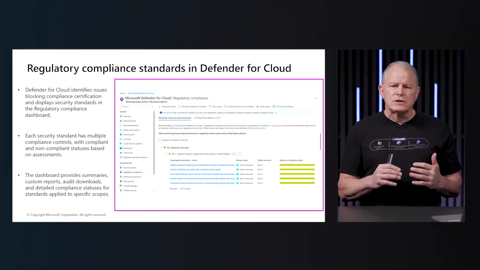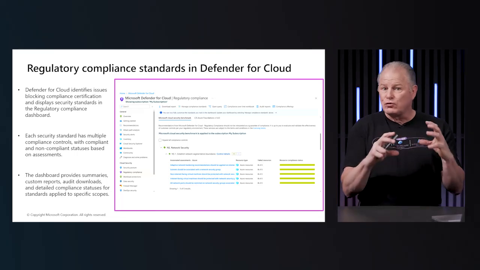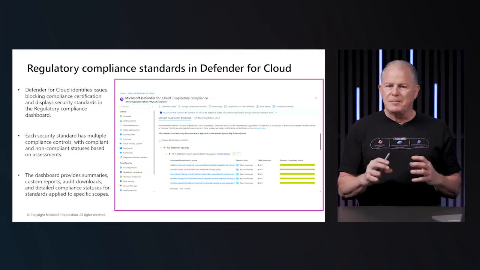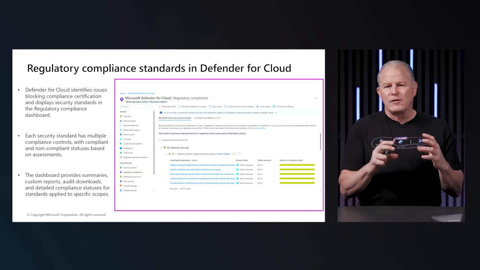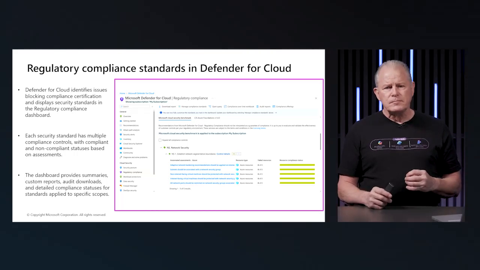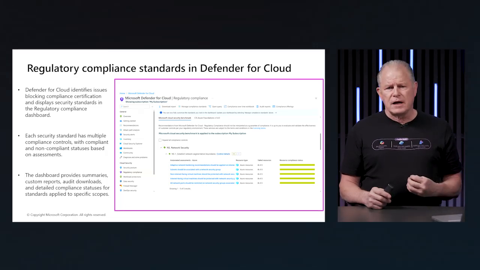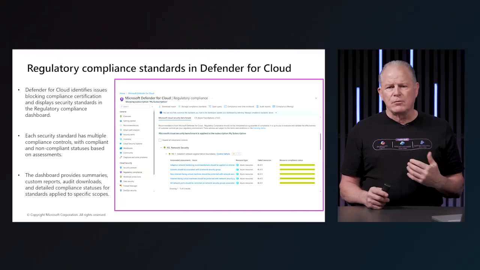The hierarchical structure is the standard, which is made up of control areas, which is then made up of controls, which are then made up of subcontrols. And I'll be demonstrating that when I go to the portal. We don't have time to go through all of the standards, those 52 that I mentioned, but we are going to take a look specifically at the MCSB version, and we'll do that right now.